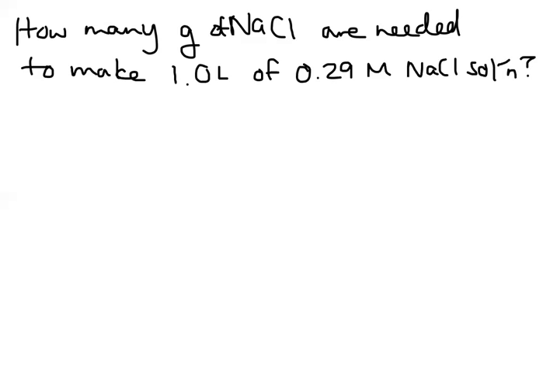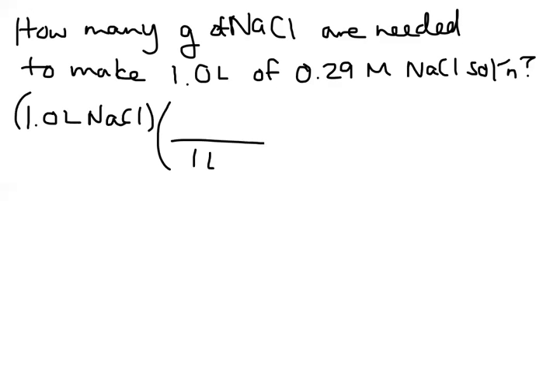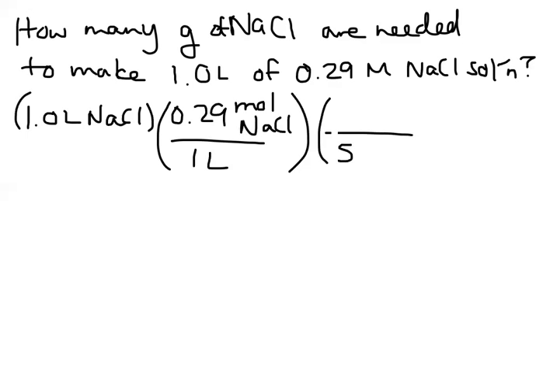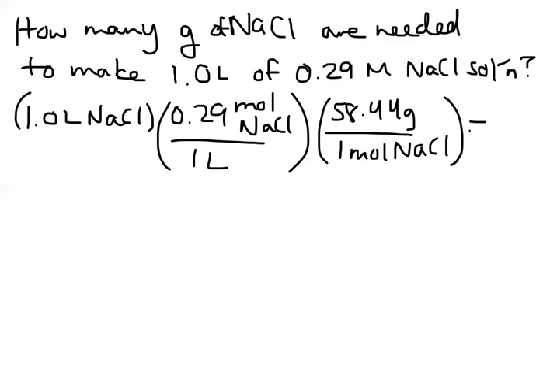So we take 1.0 liters of NaCl, and for every 1 liter we have 0.29 moles of NaCl, and then my molar mass is 58.44 grams per 1 mole of NaCl. And that gives me 17 grams.